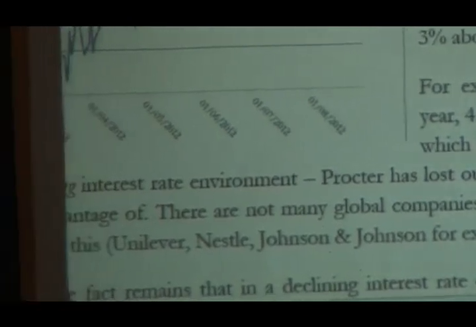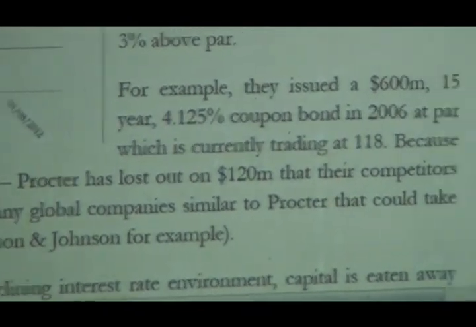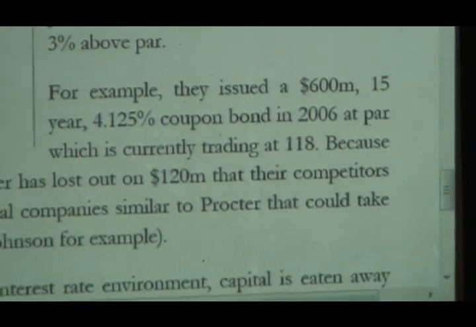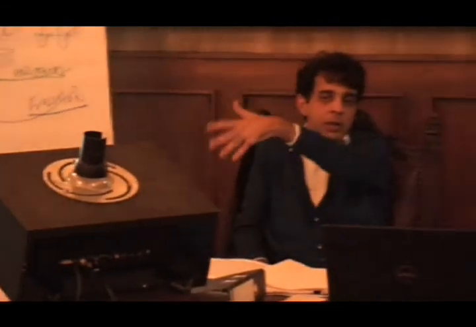So they lost out on a lot more there. And I've just picked 2 examples. You pick any company like Procter & Gamble or Unilever or Nestle, they've all gone through this kind of thing. So all of that money has been lost out on.